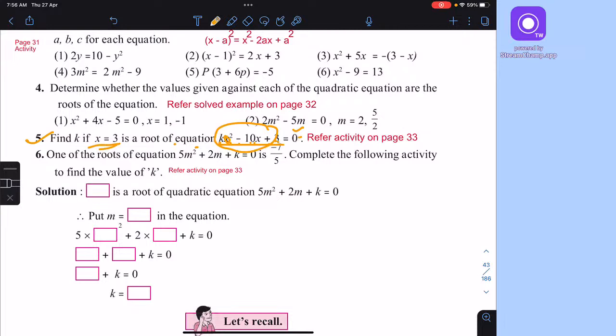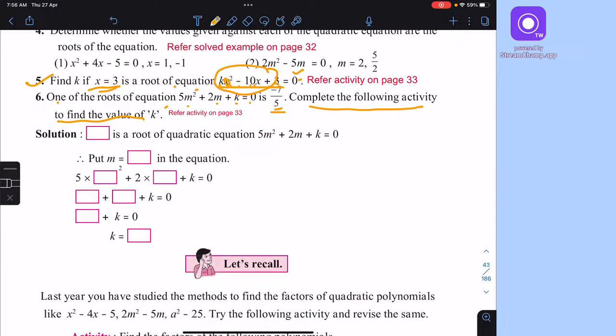Here, one of the roots of the equation 5m square plus 2m plus k equal to 0 is minus 7 upon 5. It is given as a root, and you have to complete the activity to find the value of k. Now here, what is the root? Minus 7 upon 5 is the root of the quadratic equation 5m square plus 2m plus k is equal to 0.